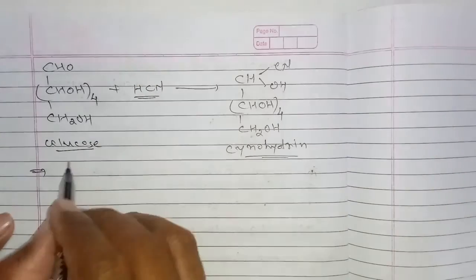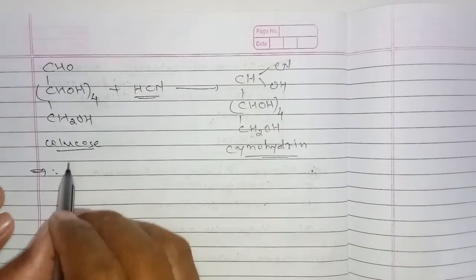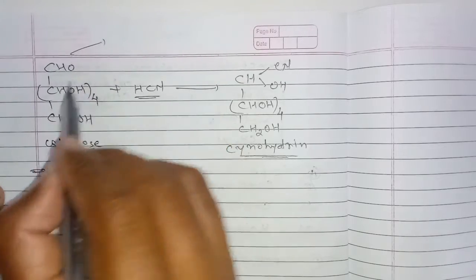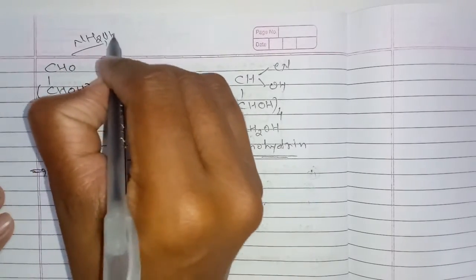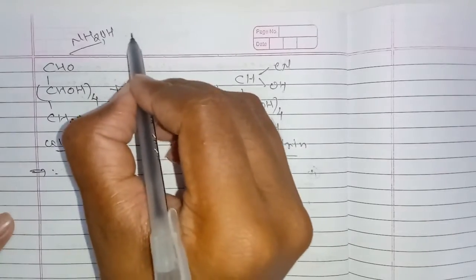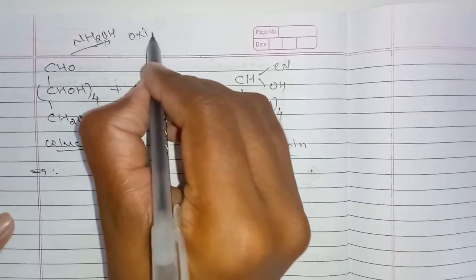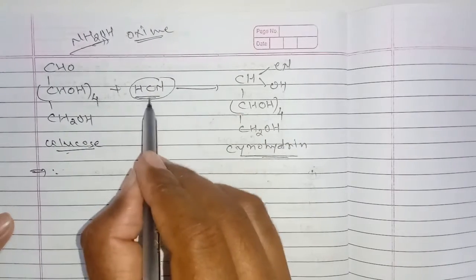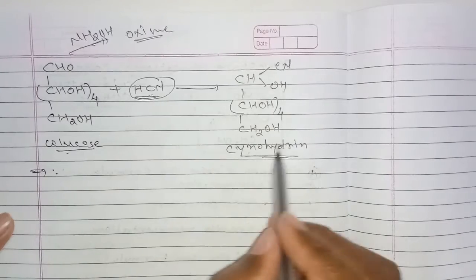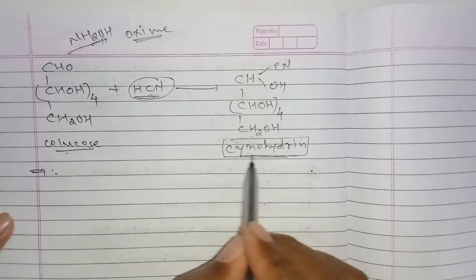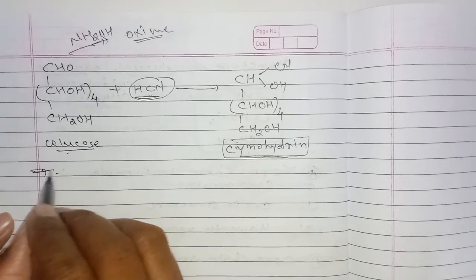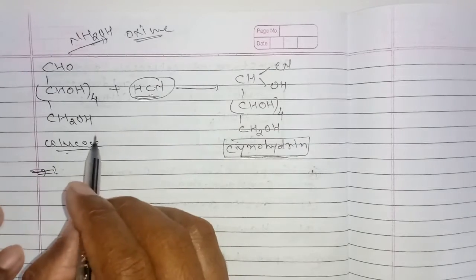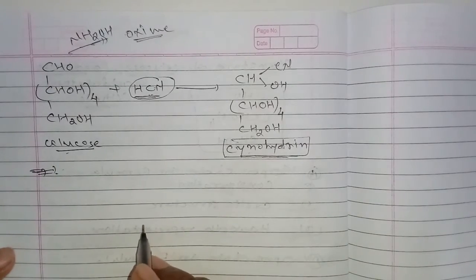This confirms the presence of a carbonyl group. Glucose reacts with hydroxylamine to give oxime, and reacts with hydrogen cyanide to give cyanohydrin, which confirms the presence of a carbonyl group in glucose.